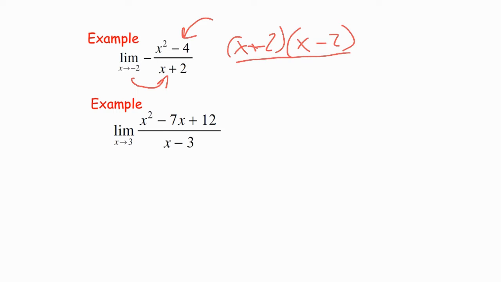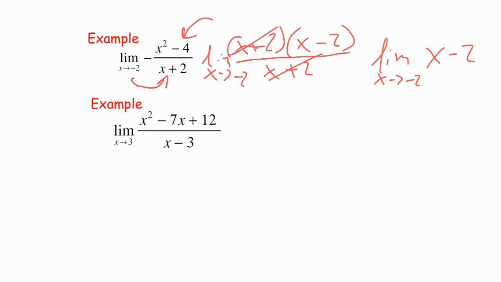On the denominator, we have x plus 2. By the way, we're still talking about the limit. And the x plus 2's go away, leaving you with a limit of x approaching -2 of x minus 2. You can now plug in and end up with -4.